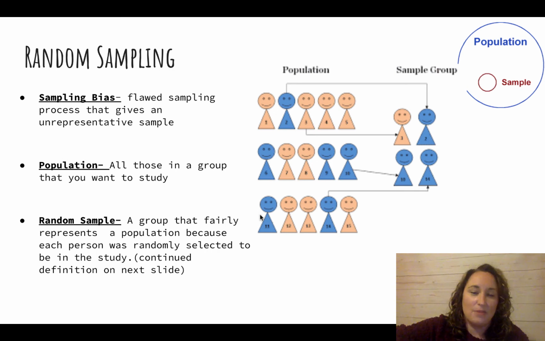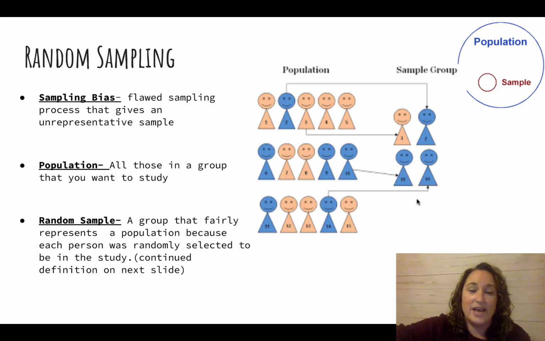So see this population, right? And it's got not everyone. You can't ask every single person in college your survey. That's not realistic. But you want to get a representative sample so that you can make a generalization with your results. You can say people in college get 7 hours of sleep on average.